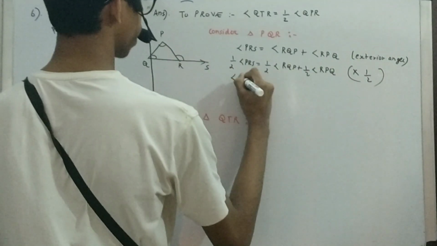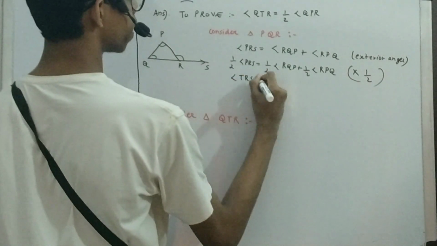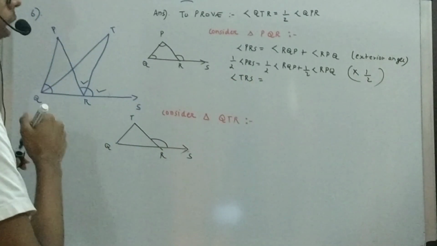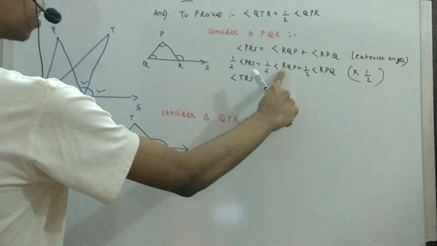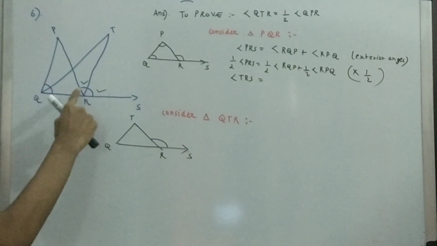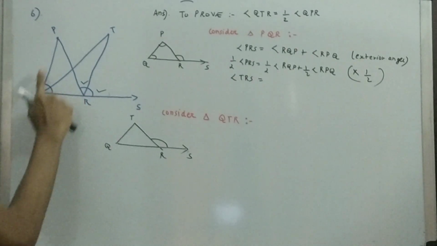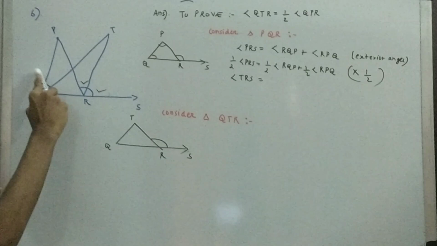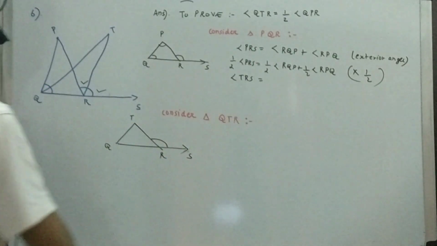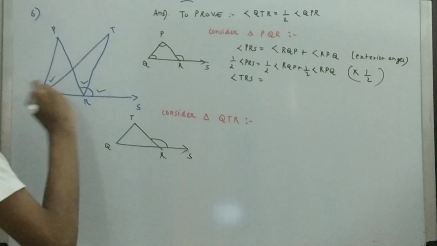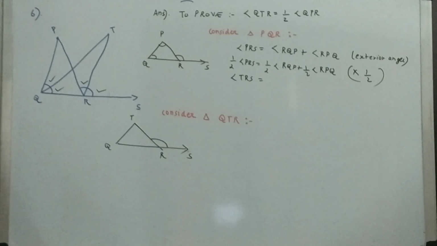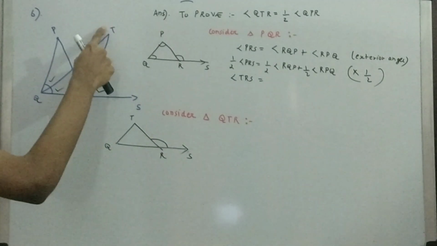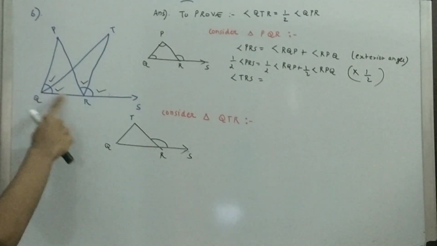Here I am writing half of angle PRS is equal to, similarly, now half of angle RQP. Just see over here, this is the angle RQP. So here also RQP is this full angle. So half of RQP means either this angle or this angle. So in order to do the question, we should consider angle PQR.